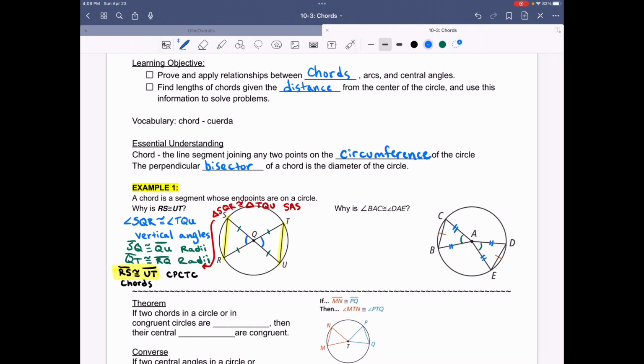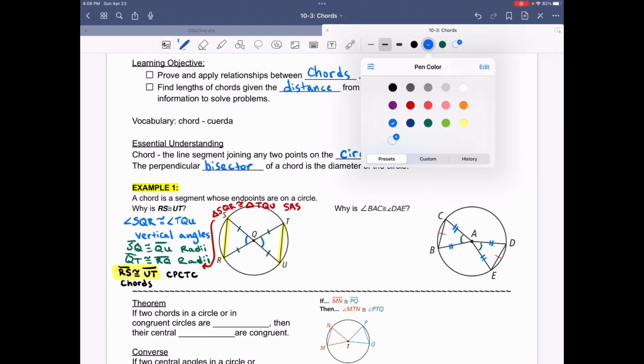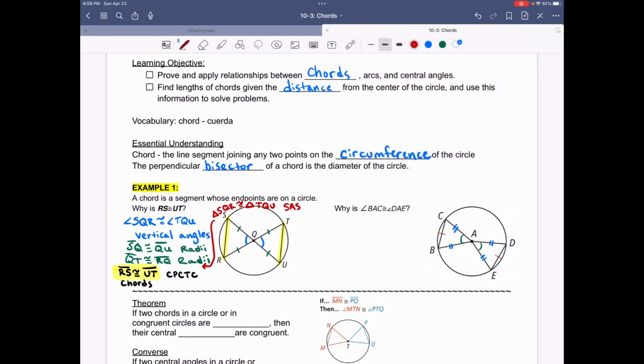So use red because they gave this to us in red, but side CB is congruent to side DE. That was given to us. Then we can say that CA is congruent to DA, which is congruent to BA, which is congruent to EA, because they are all radii.